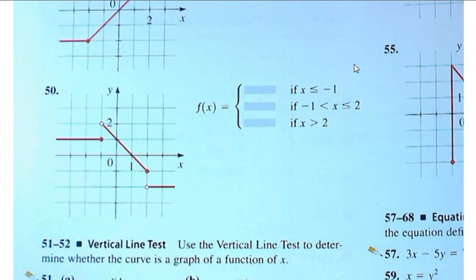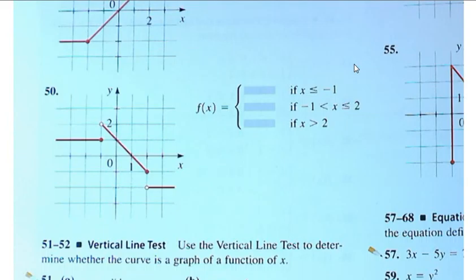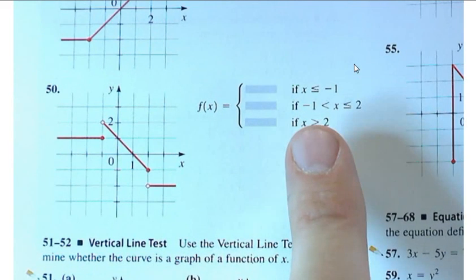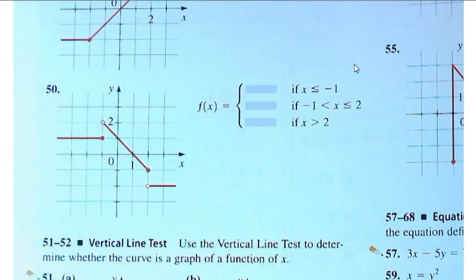Okay, so they've given you this part of it where they're telling you less than or equal to 1, between -1 and 2, greater than 2. But what we have to fill in is the actual functions.